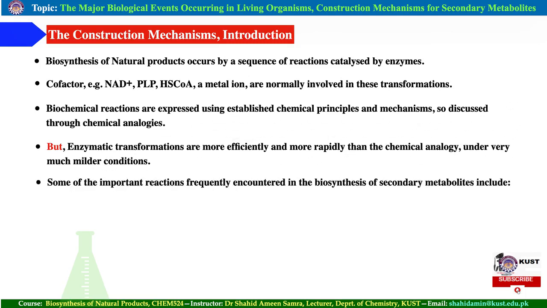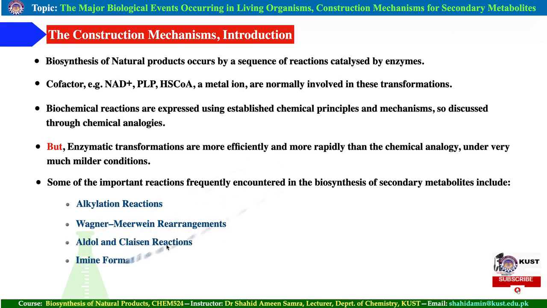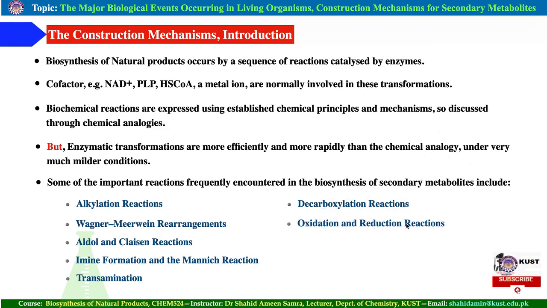Some of the very important reactions that are encountered very frequently in the biosynthesis of secondary metabolites include, for example, alkylation reactions, Wagner-Meerwein rearrangements, aldol and Claisen reactions, imine formation and the Mannich reaction, and transamination reactions, in addition to decarboxylation reactions, oxidation and reduction reactions, or redox reactions simply, phenolic oxidative coupling, halogenation reactions, and glycosylation reactions, that is, the attachment of some sugar molecule, maybe glucose, fructose, or rhamnose, or some other sugar, to the natural products.